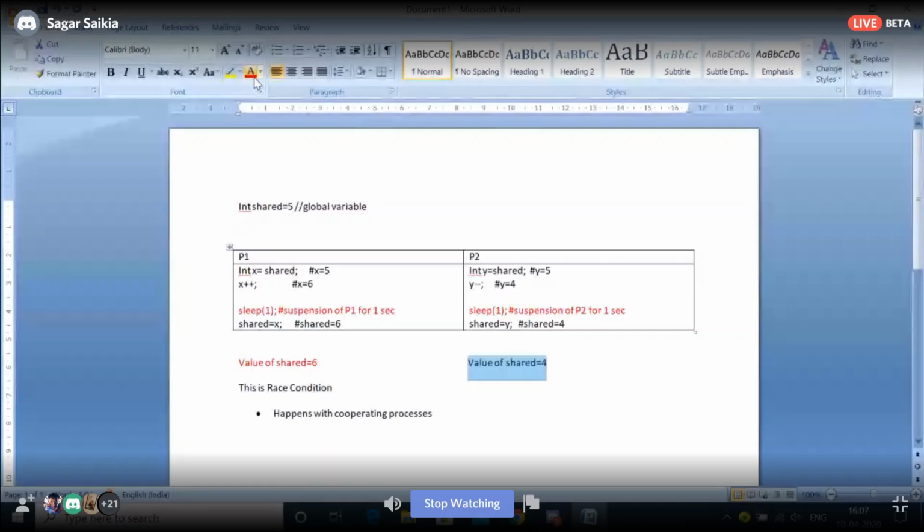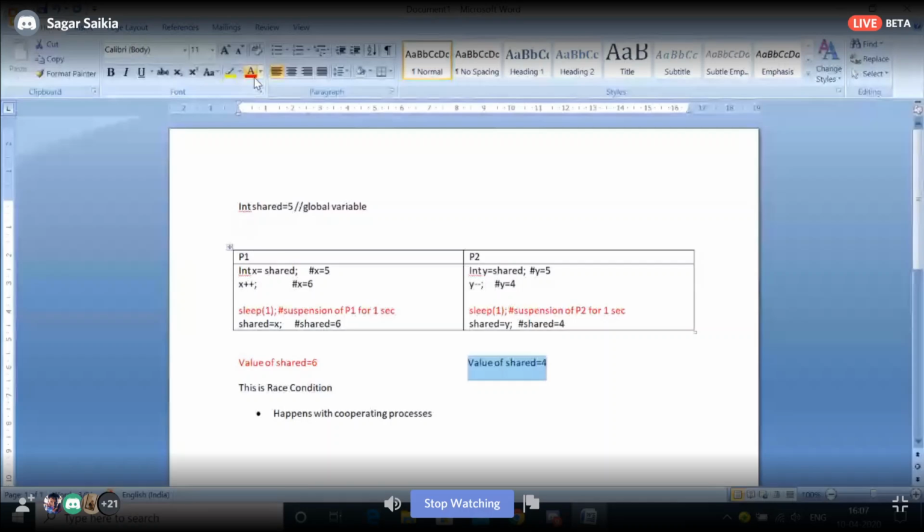Because initially we were having 5. 5 plus 1 is how much? 6. There was a context switch. It went there. Okay. And there was a decrement of 1 unit. So 6 minus 1 should have been 5. That means this should have been 5, but we are getting 4, isn't it? So now there will be an anomaly because the correct result was not found.